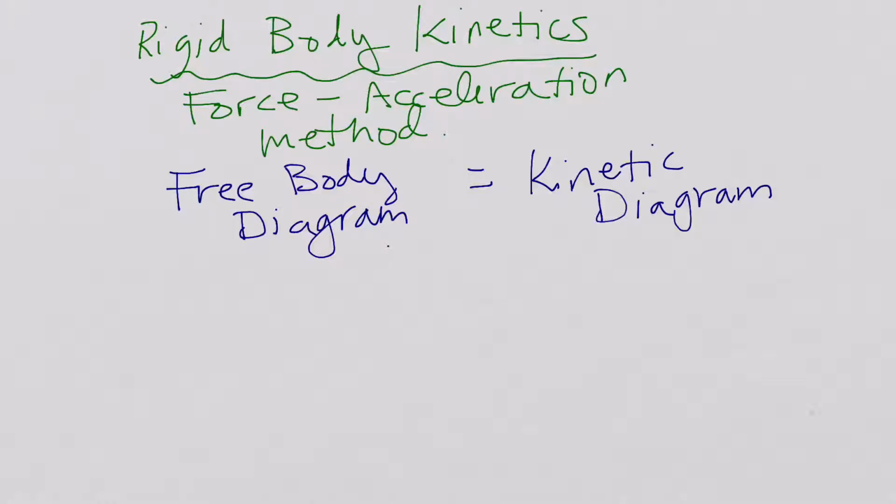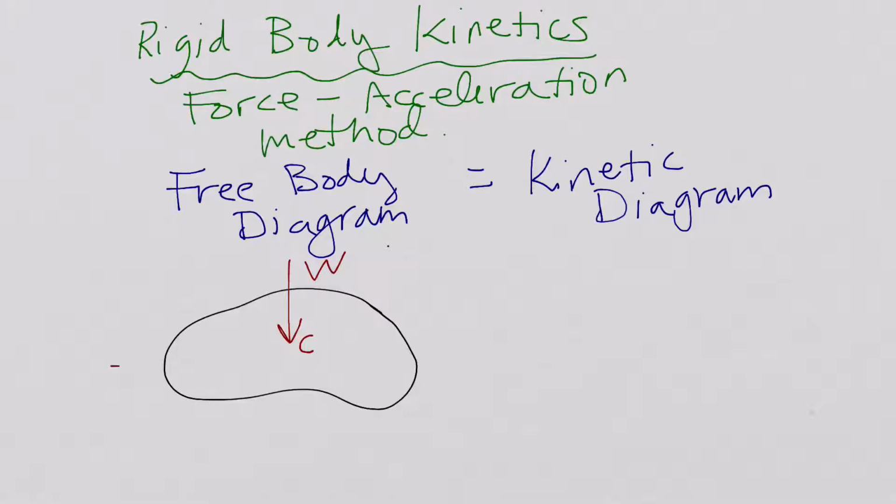So let's say we have this rigid body, and we have our free body diagram. This is what we're drawing on the left. We have the weight, and that's acting at the center of gravity.